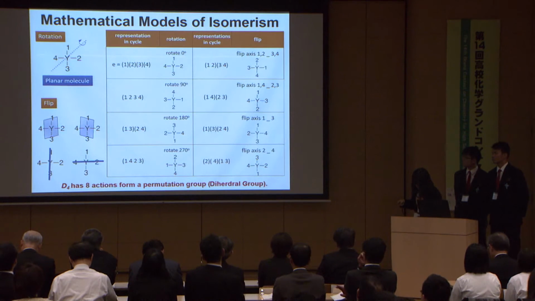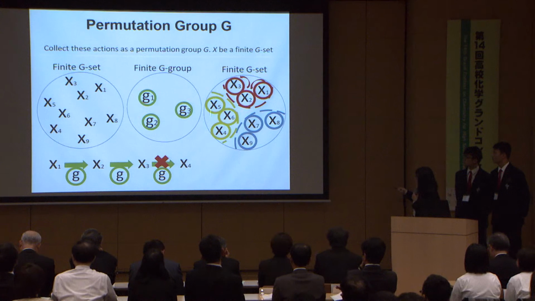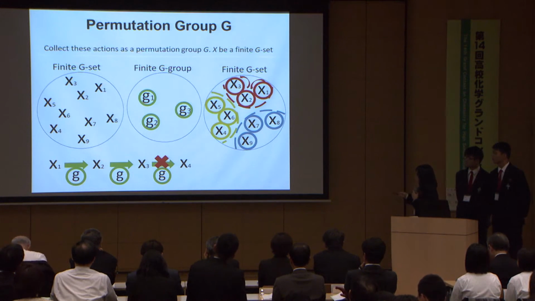And we collect these actions as a permutation group G, like this. So we can let the permutation group G act on the configuration set S.